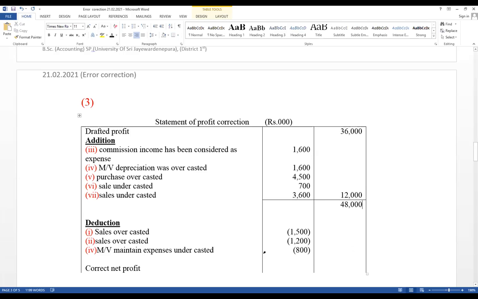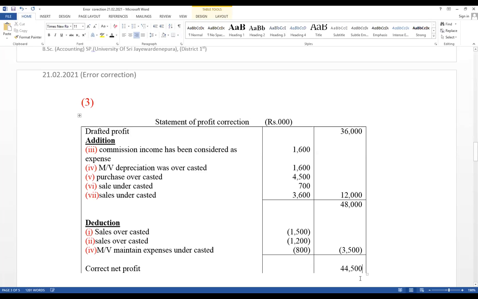Then take the total deduction. The total deduction should include the second column within brackets. The total value here is 3,500 within brackets. Now take the answers: 48,000 minus 3,500. Therefore, the correct net profit equals 44,500.